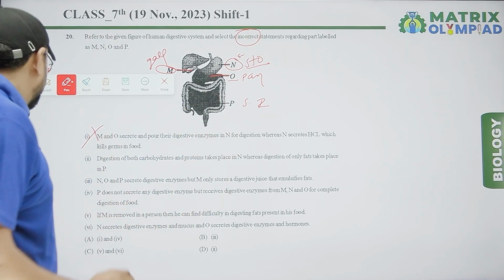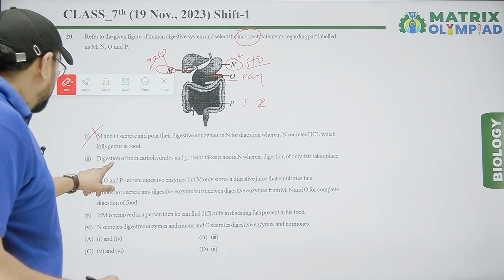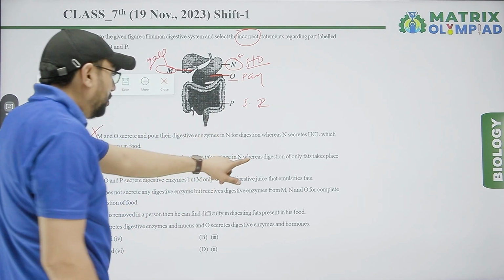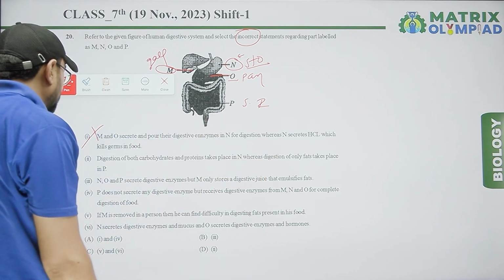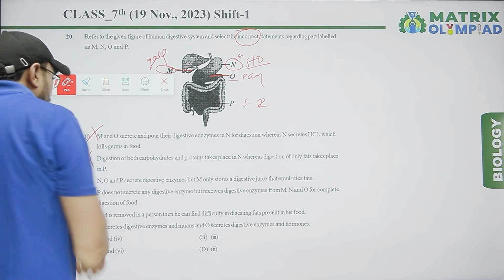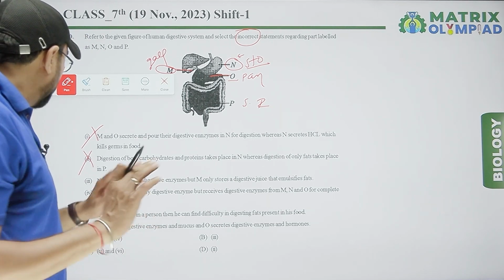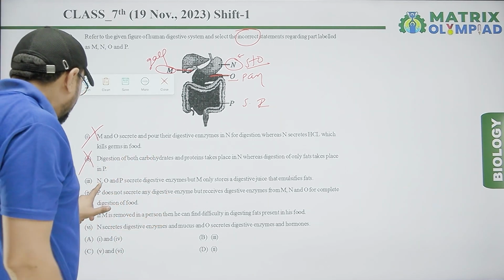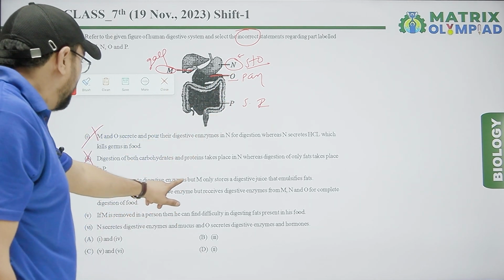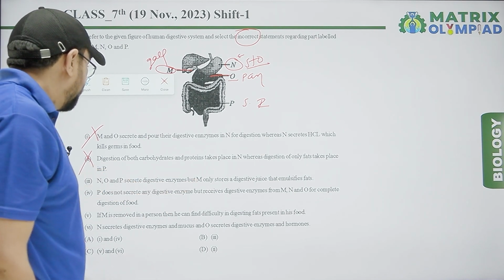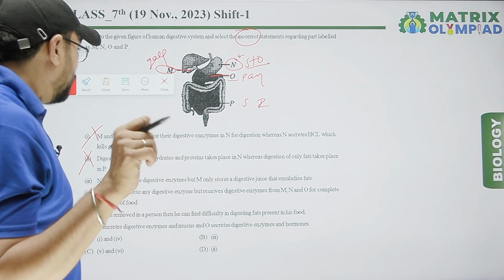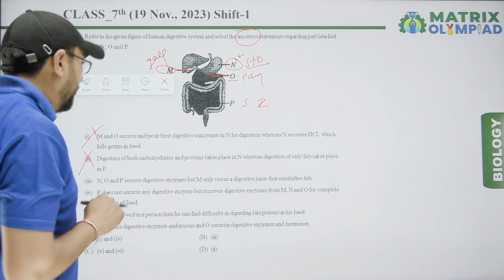Next, digestion of both carbohydrate and protein takes place in N, the stomach, where digestion of fat takes place. That is incorrect, because there only protein and fat, carbohydrate is not included. So wrong. N, O and P secrete digestive enzyme, but M only stores digestive juice that emulsifies fat.